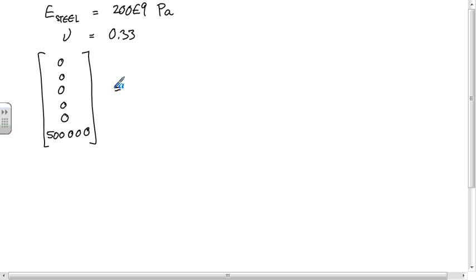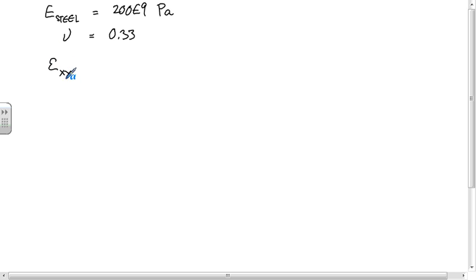And that's equal to the stiffness matrix. Well, actually, sorry, write this the other way. So we're trying to figure out what the strains are. So the Voigt strain is EXX, EYY, EZZ, 2EYZ, 2EXZ, and 2EXY.